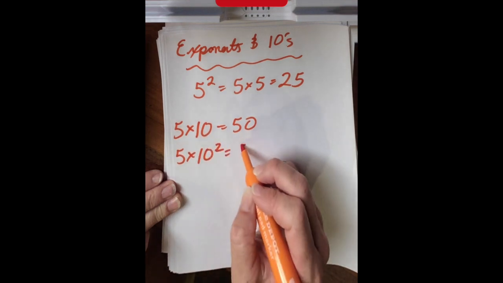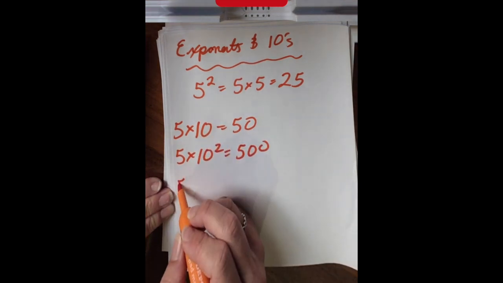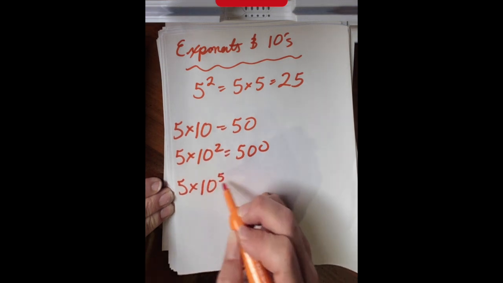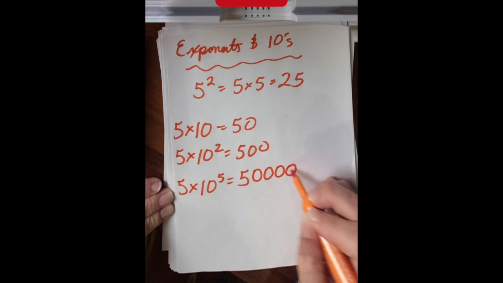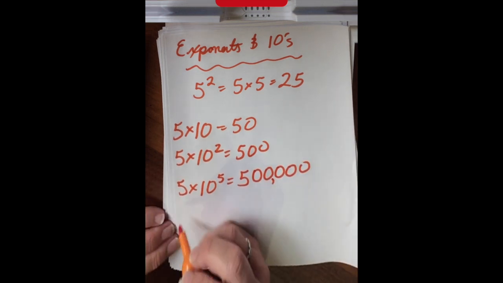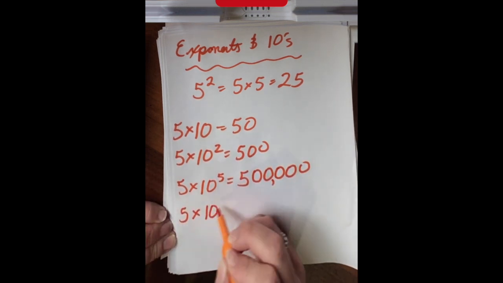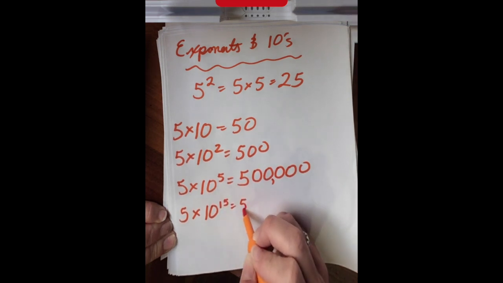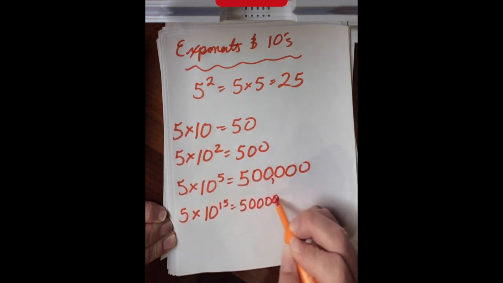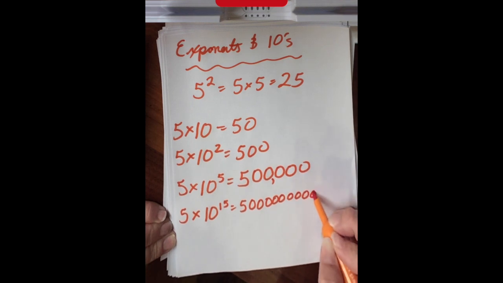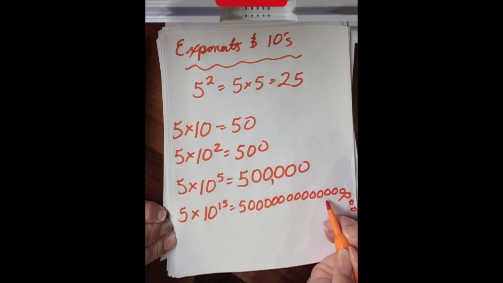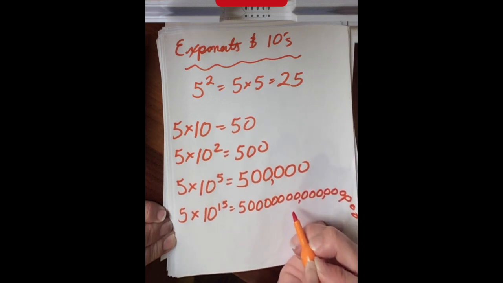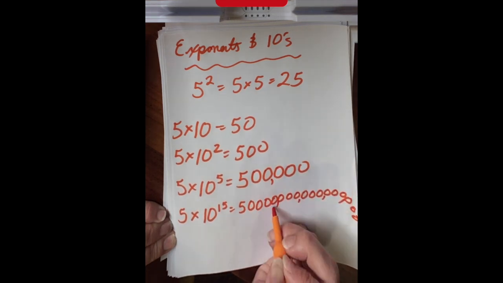If I put my exponent on the 10, now I have 5 times 10 to the 2nd power, 5 times 10 to the 5th power. Don't forget that comma after every 3 digits. Or I can do 5 times 10 to the 15th power. You know, if you're working with astronomically large numbers, like in black holes or outer space, then, well, it's kind of hard to write all those zeros, isn't it? Don't forget the comma every 3 digits.